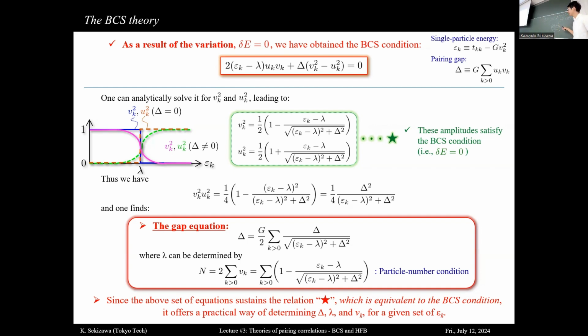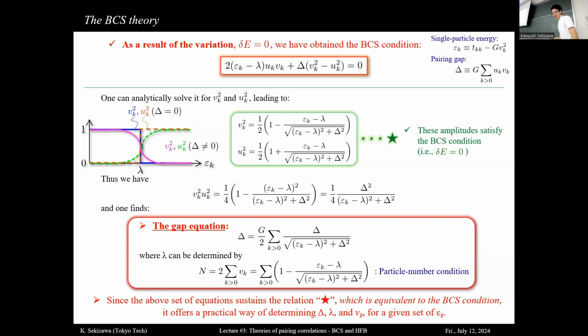So in this way, we can combine BCS theory with this mean field microscopic description of atomic nuclei. So this is one way to introduce pairing correlations in the microscopic description of finite nuclei.